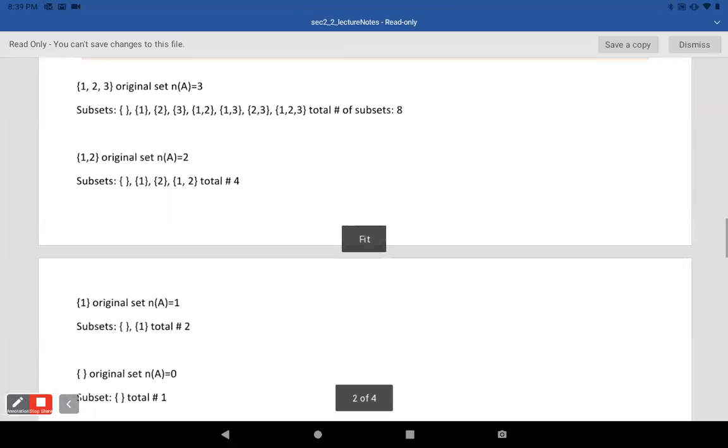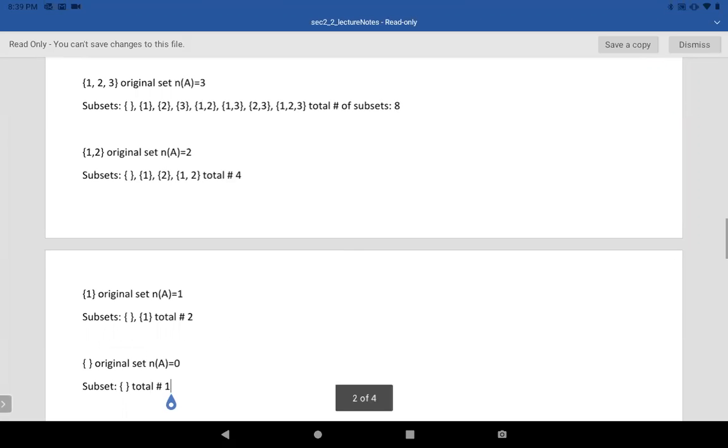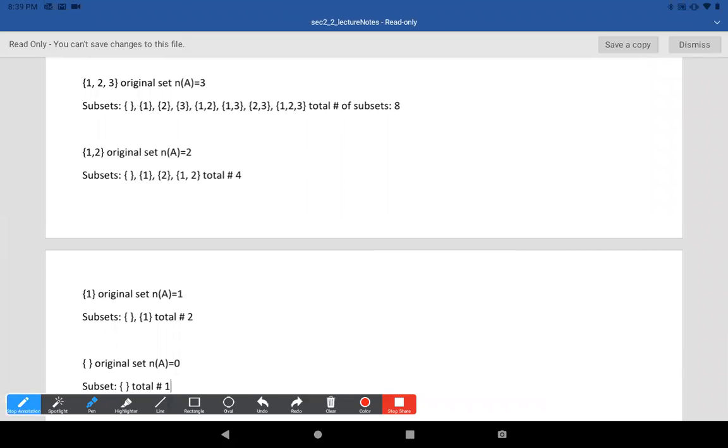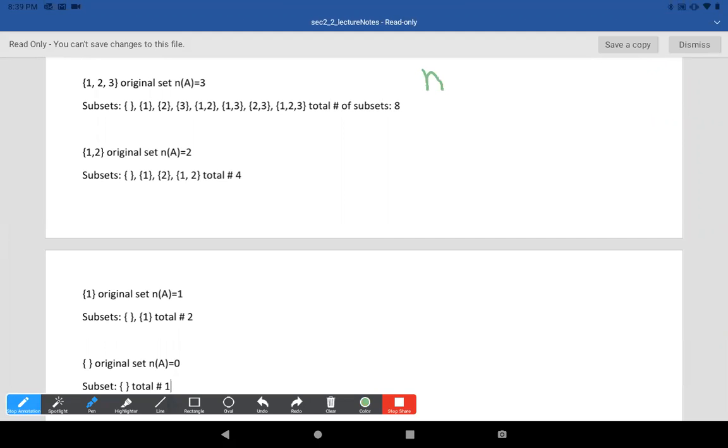And so if we take a look at what we have here, we can shrink it a little so you can see the whole thing. Then what we have is that when n equaled 3, the number of subsets equaled 8.